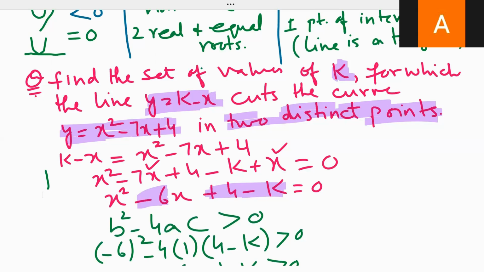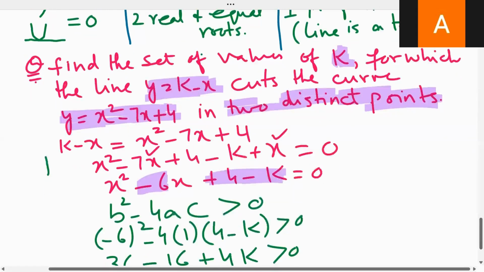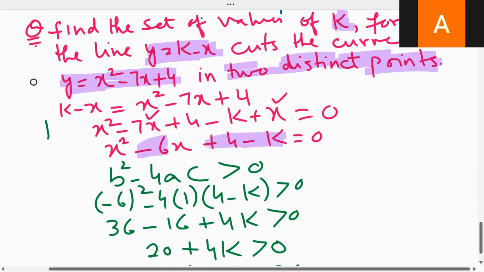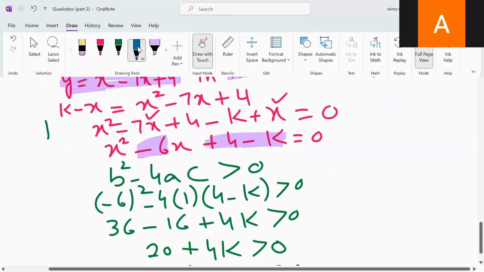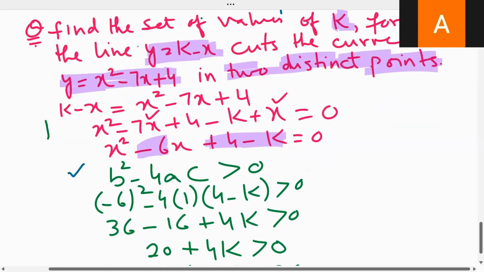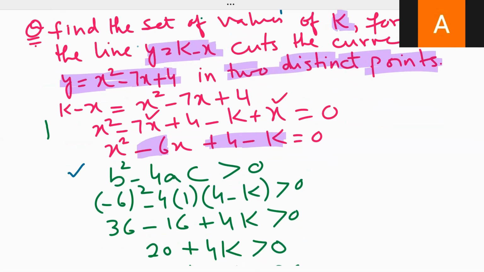The first part is the same: first you solve them simultaneously, and there will be a variation in the condition. Sometimes you will write b square minus 4ac is greater than 0, or b square minus 4ac is less than 0, or b square minus 4ac is equal to 0. Now we'll do more questions from past papers in the next video.